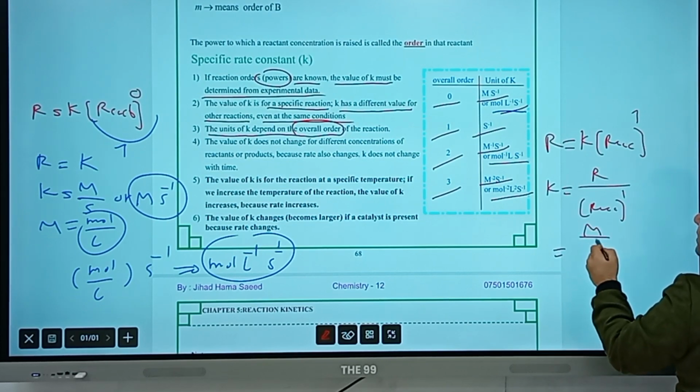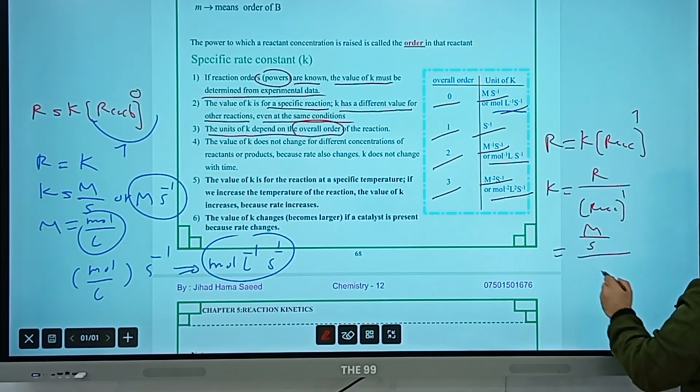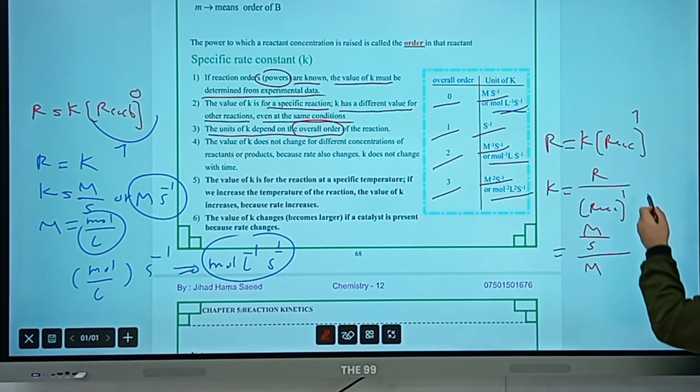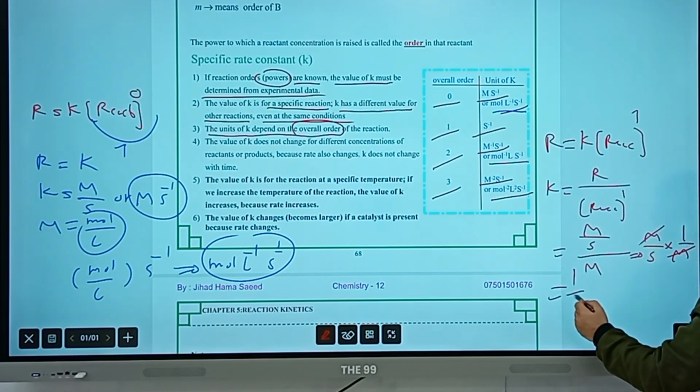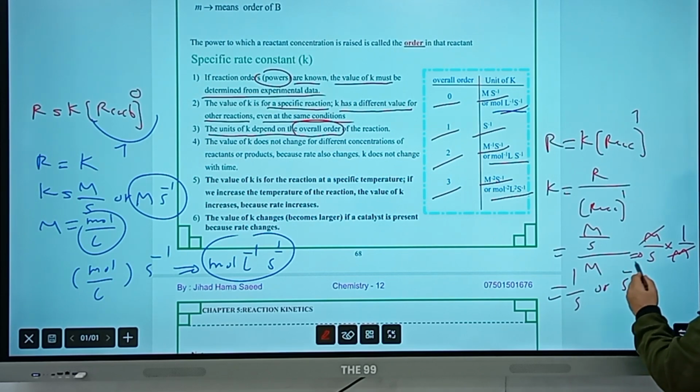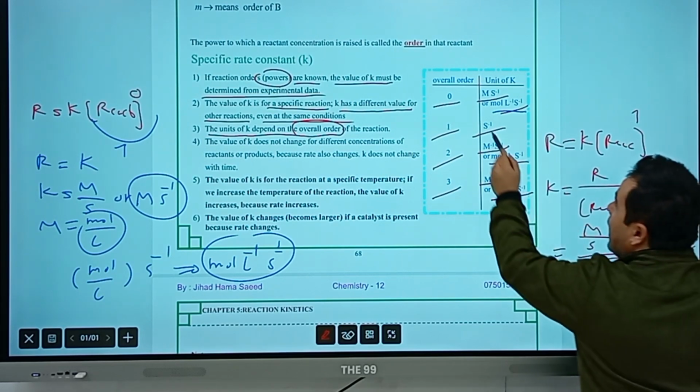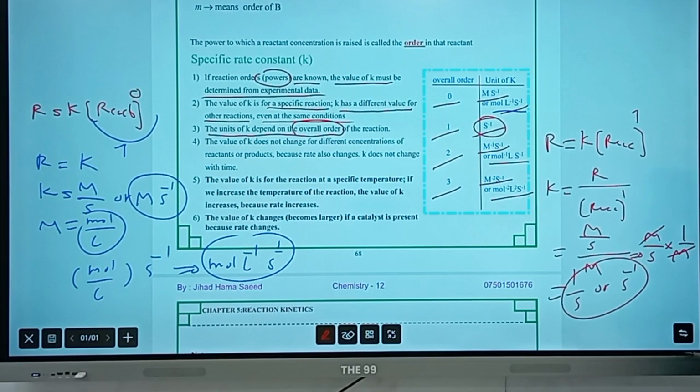R is molarity per second. Reactant concentration is molarity. To the power of 1, we will get molarity. So take this to the numerator. Molarity per second, multiply 1 over molarity. Molarity cancels out with the molarity. We will get 1 over s, or s minus 1.